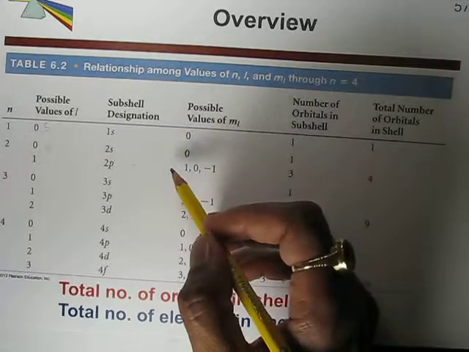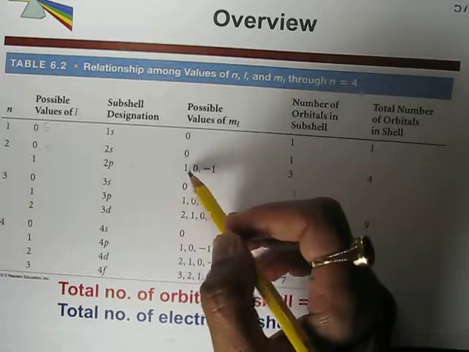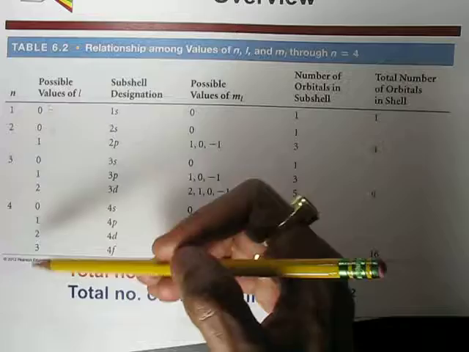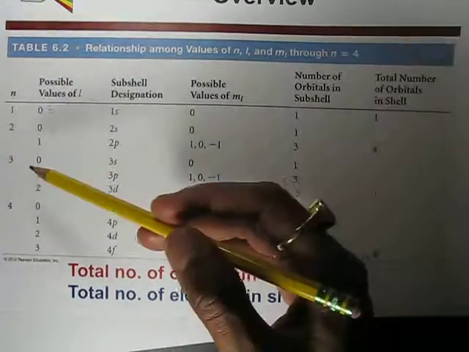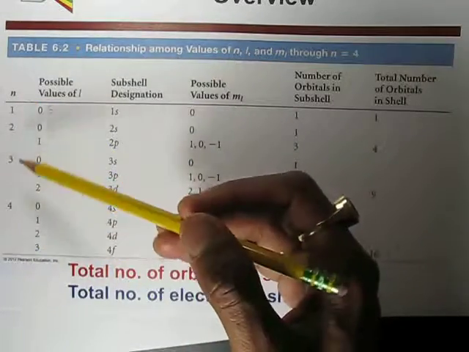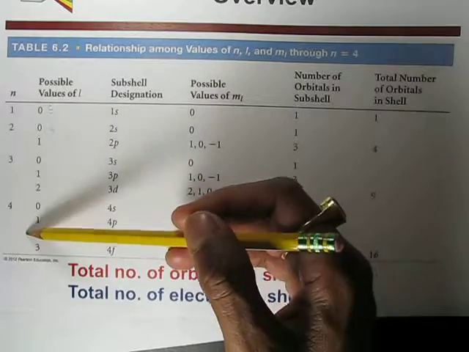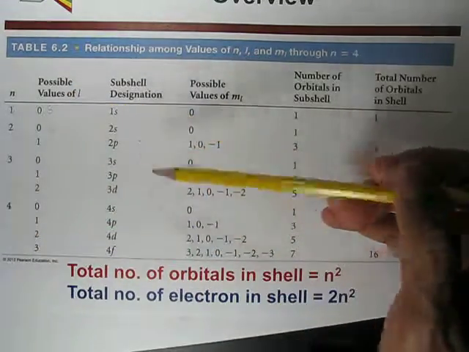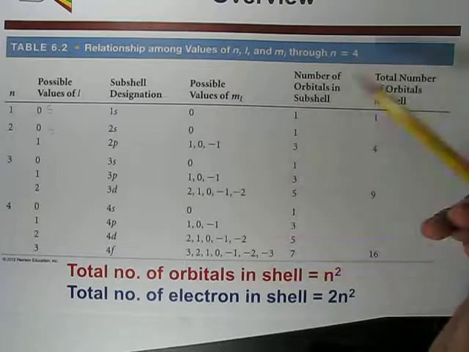You can also write plus 1 and minus 1. So likewise you can read these also. If small n is equal to 3, and if small n is equal to 4, what will be the values of small l and small ml?